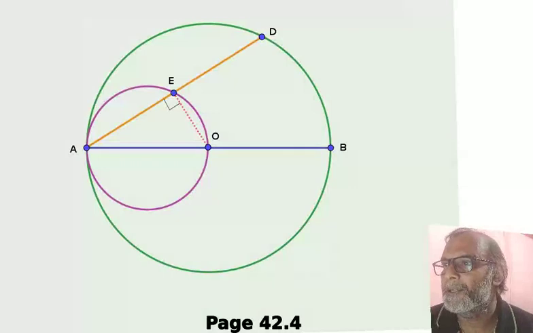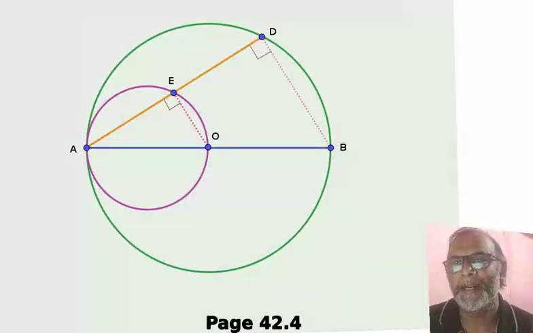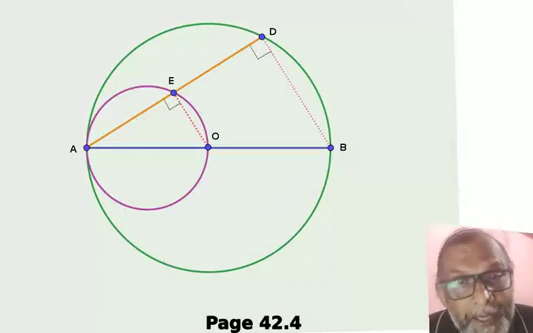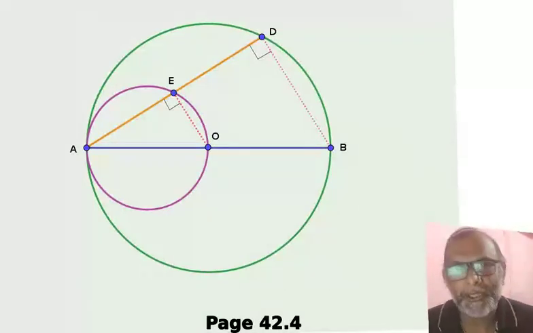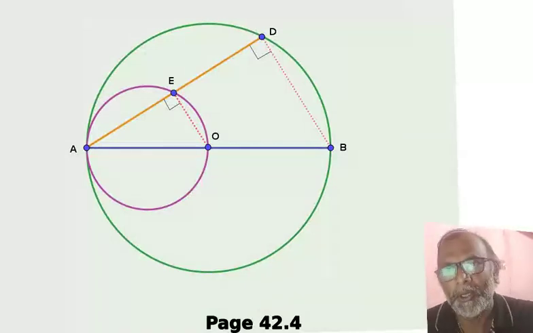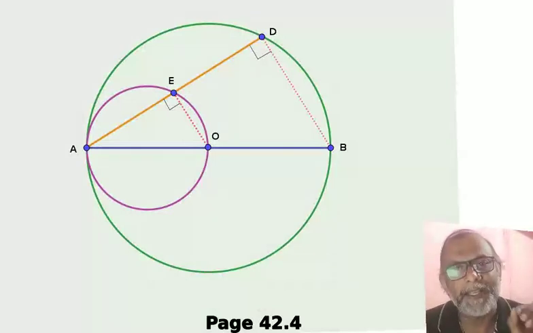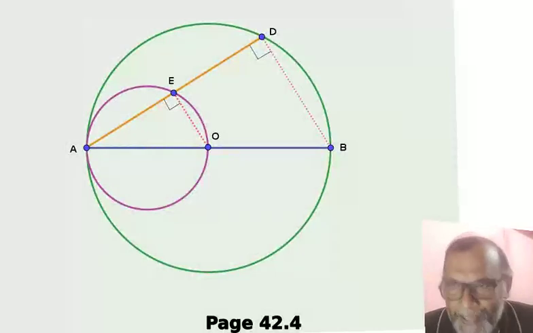Now let us join the points B and D like this. DB, this is also 90 degrees. Why? Because AB is the diameter of the big circle, so the upper part of that big circle is a semicircle, and D is a point on the semicircle, so that angle is also 90 degrees.